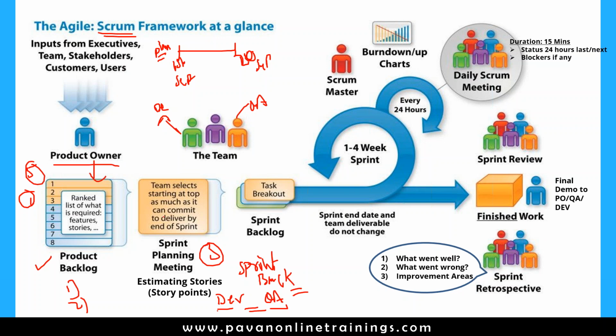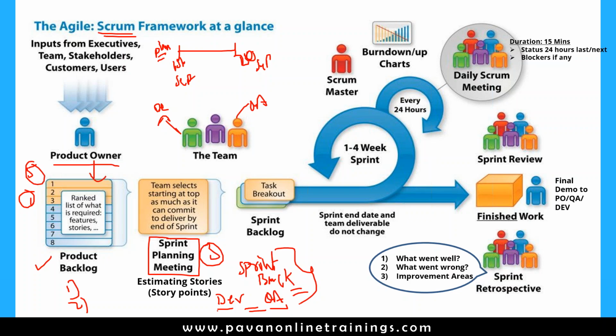Dev and QA will commit to those requirements. They will list out those stories, called a sprint backlog. So the sprint backlog contains the committed stories, whereas the product backlog contains the complete set of stories, all the stories given by the customer.